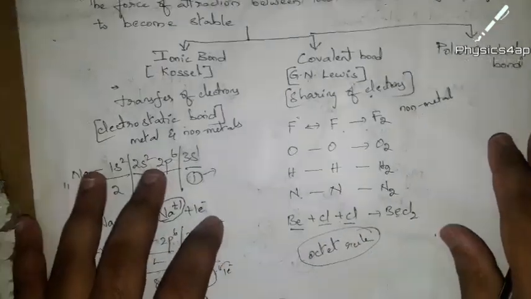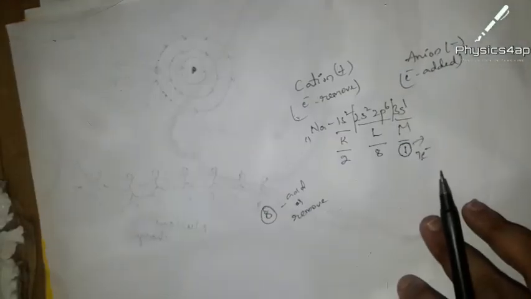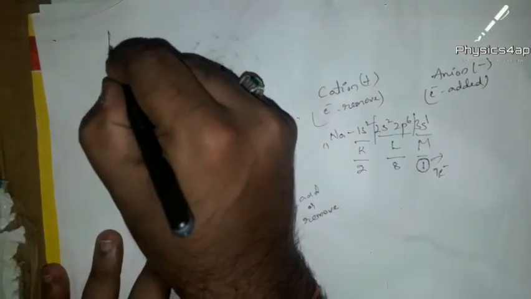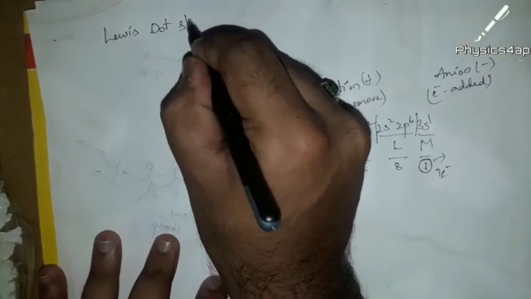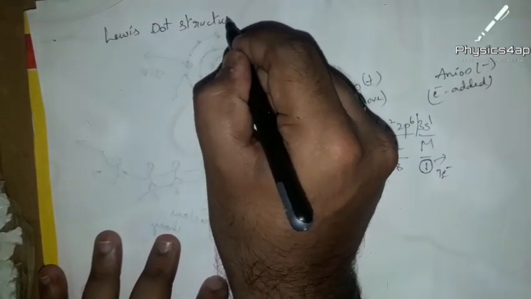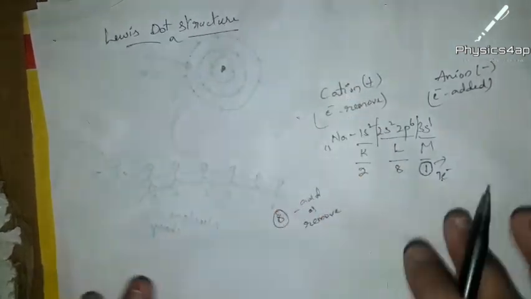Now before going into a deep discussion about the covalent bond, we first need to discuss the Lewis dot structure, then it will be easier for us. In the Lewis dot structure, we simply keep the dots.